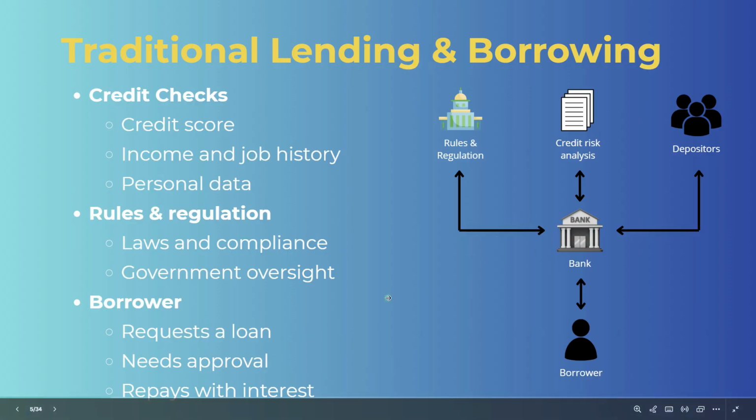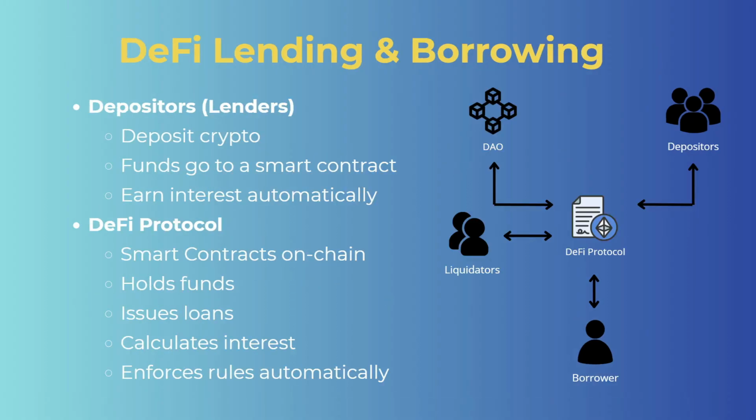So, in the case of DeFi, as we said earlier, there are depositors or lenders that deposit crypto. The funds go into a smart contract, so there is no middleman that checks your previous history or your personal data, or that can give you the loan depending on whether they like you or not.